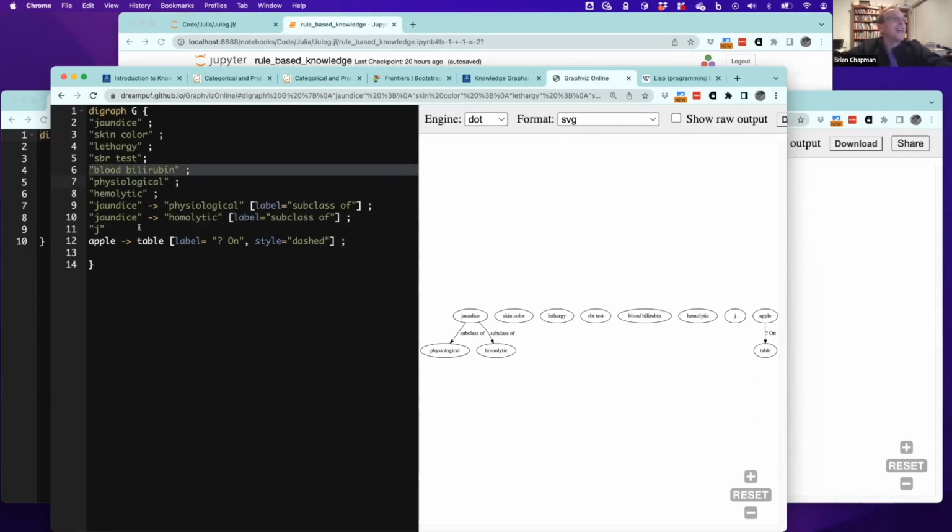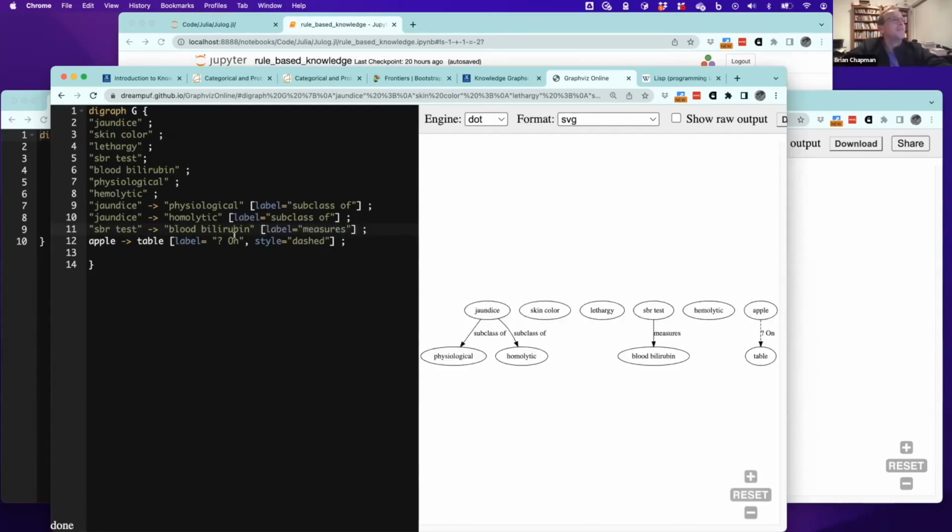So we have a test, that's an SBR test, blood bilirubin. I could say label equals identifies, or measures. Okay. So that's standalone at the moment.